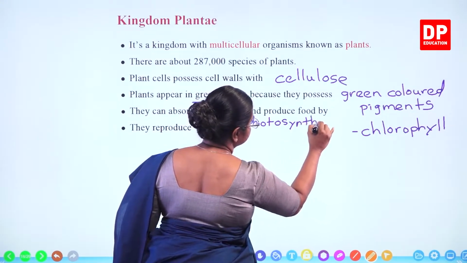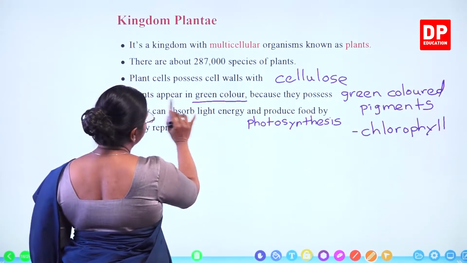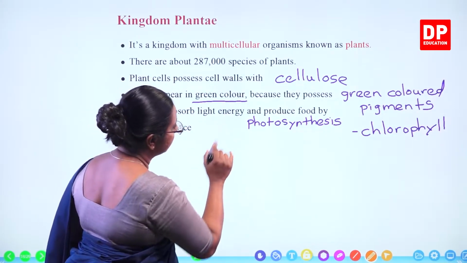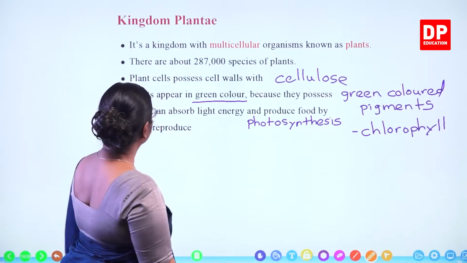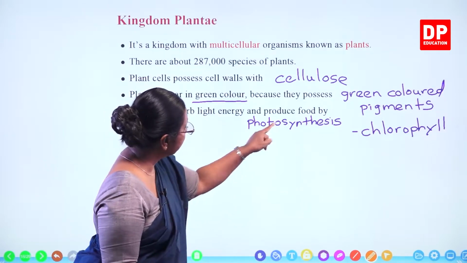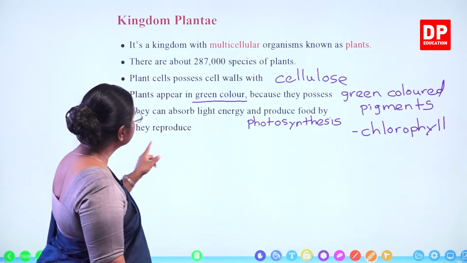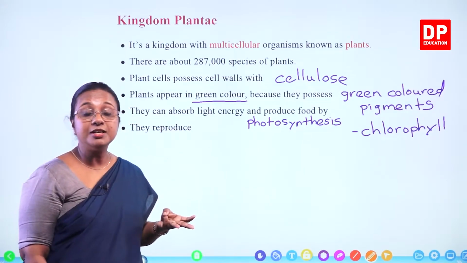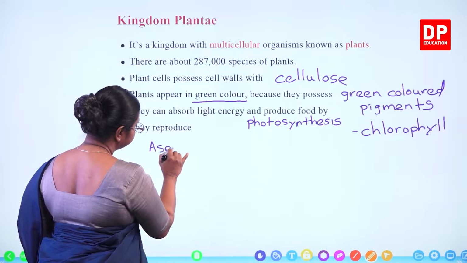So they can absorb light energy and produce food by photosynthesis. So here you can see students, plants appear in green color because they possess green color pigments. Those are the chlorophyll, and they can absorb light energy and produce food by photosynthesis. And they reproduce by different methods. They can reproduce asexually.